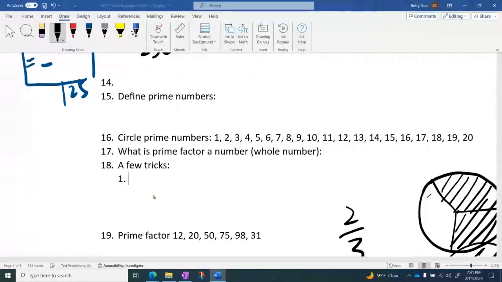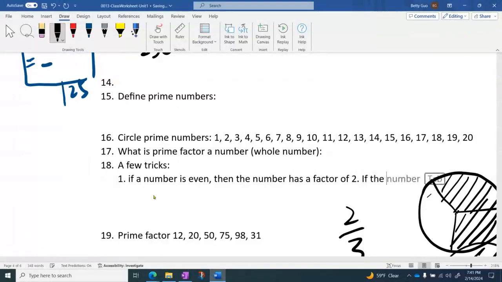The first one: how do I know if a number divides by 2? If a number is even, then the number is divisible by 2. When the number is divisible by 2, the number has a factor of 2.